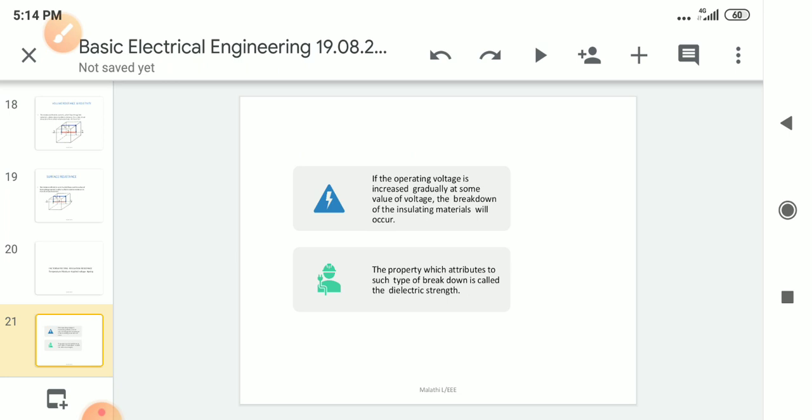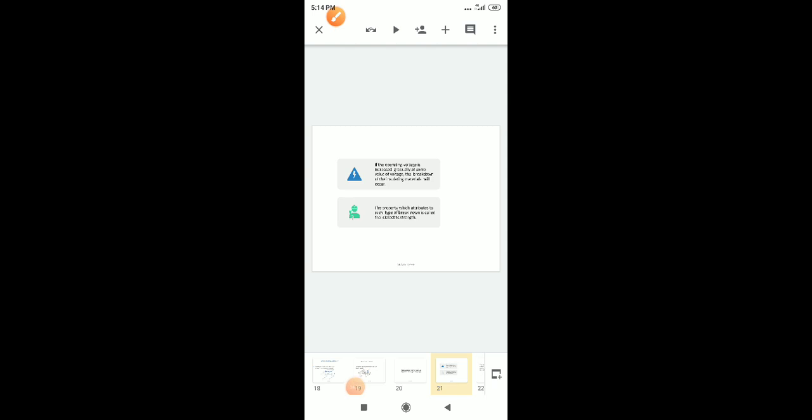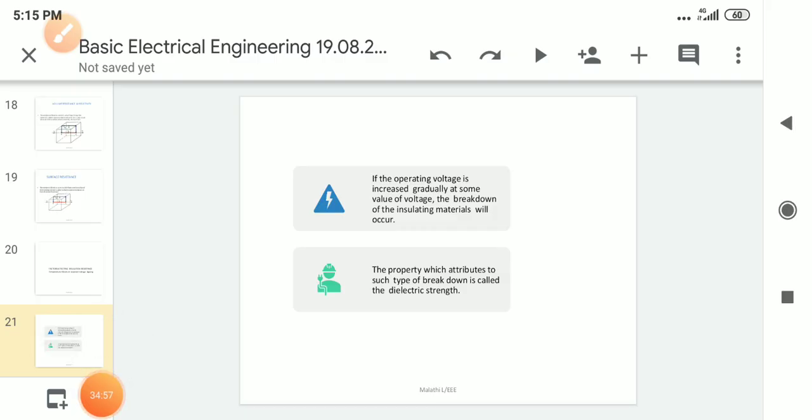If the voltage rating is high, and we select a normal insulating material for a high level voltage, then the insulation resistance is not sufficient to bear that much heavy voltage.